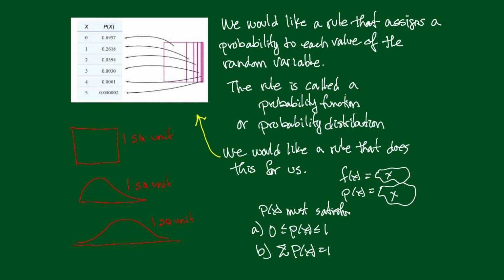The function that we're going to develop to make these assignments has to satisfy two conditions. Put in a value of the random variable, compute, and you get an output, which is a probability. That probability has to be between 0 and 1, and when you add up all the probabilities, you have to get exactly 1. That's the function we're looking for.